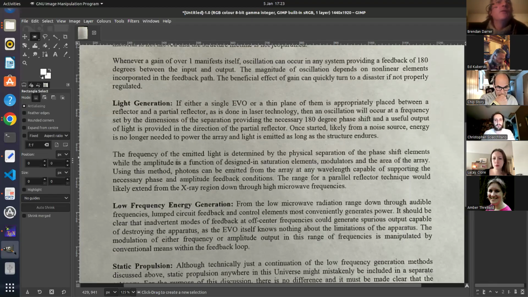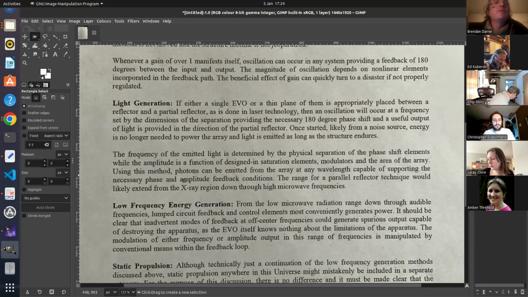The frequency of the emitted light is determined by the physical separation of the phase shift elements, while the amplitude is a function of designed-in saturation elements, modulators, and the area of the array.